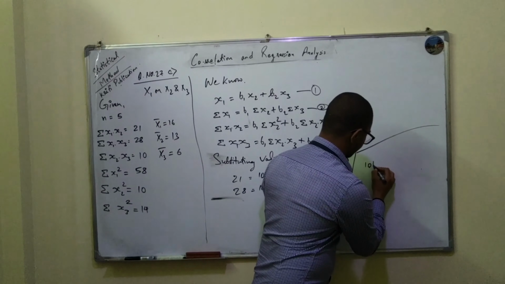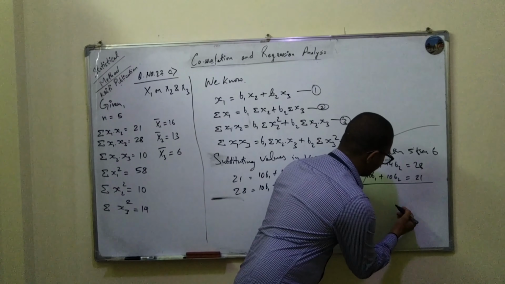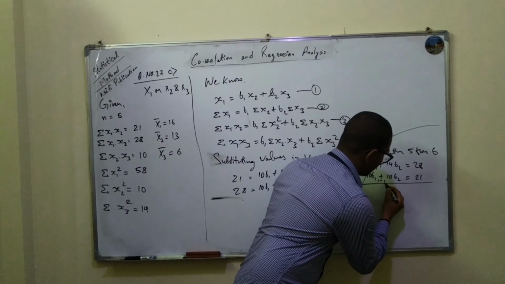Subtracting 5 from 6, 10 and 10 will be cancelled out, and this will be minus as well, right? So 4 b2 is equal to 7. Therefore b2 is equal to 7 by 4. This would be 1.75.